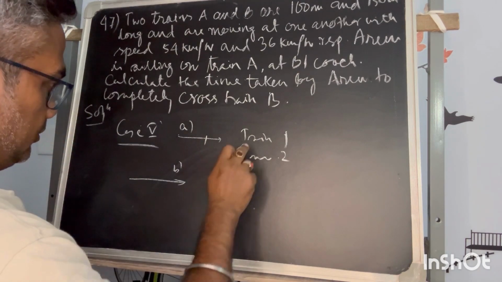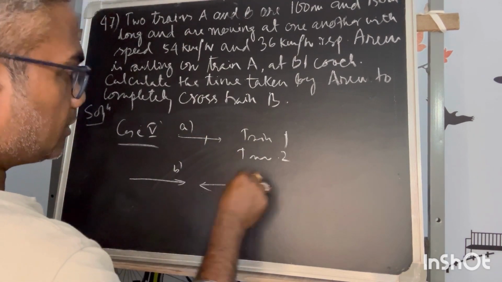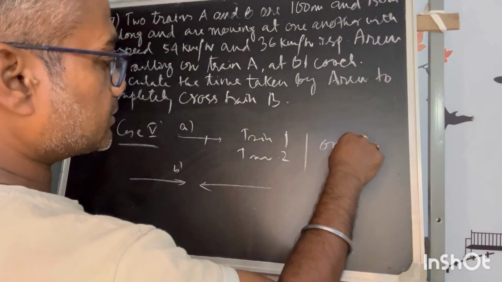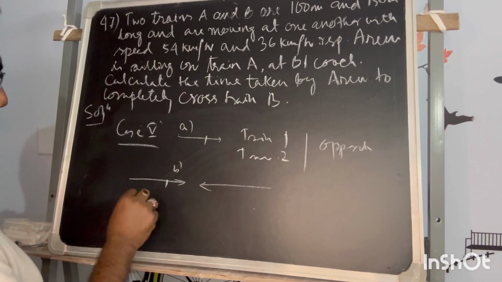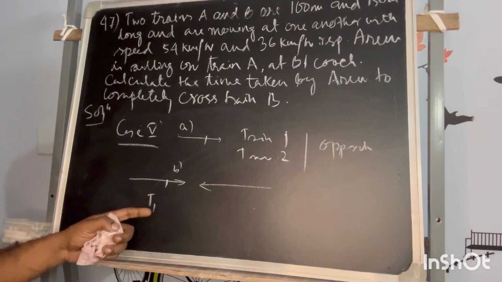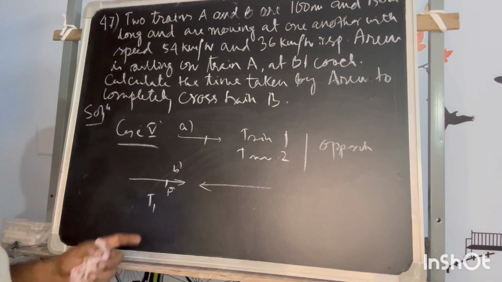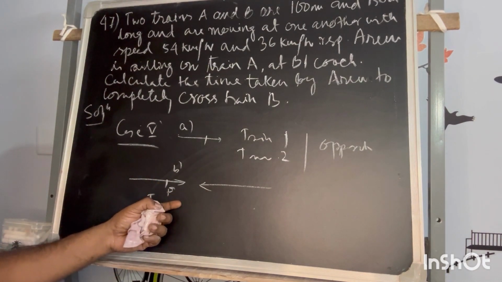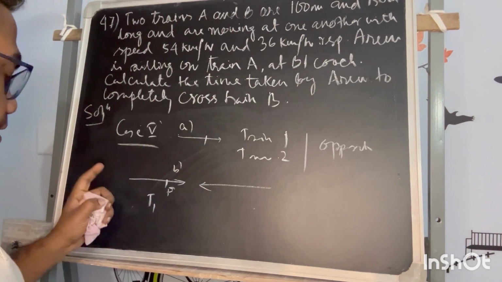So the first case: the trains are moving in opposite directions, and one person is sitting on train 1, the other on another train. In this case, this person is the object, the candidate, or the member taking part in this calculation. How?